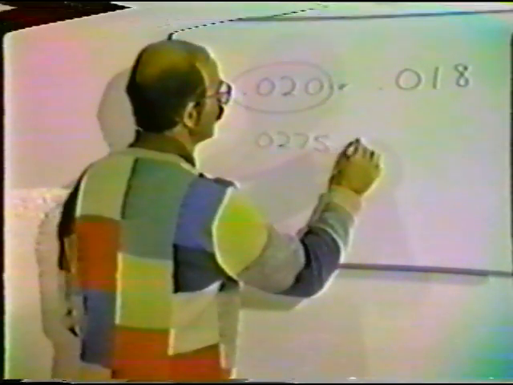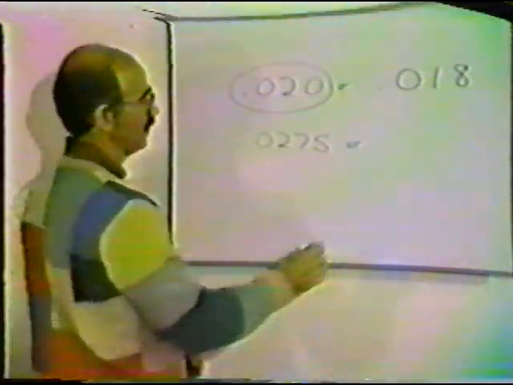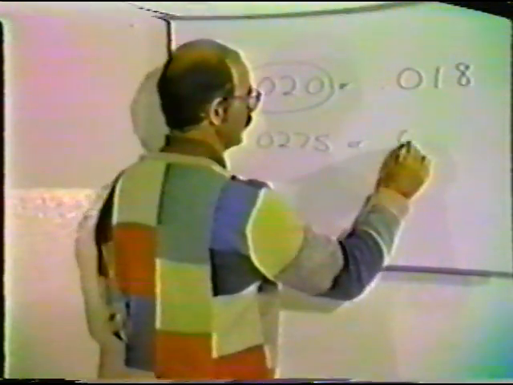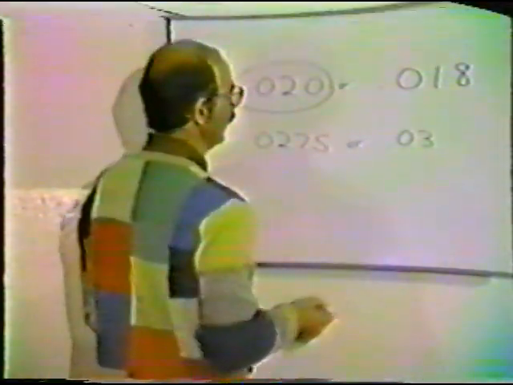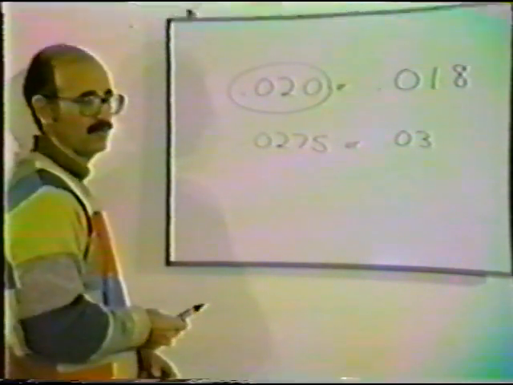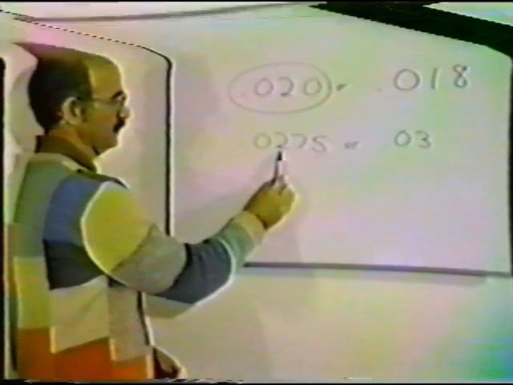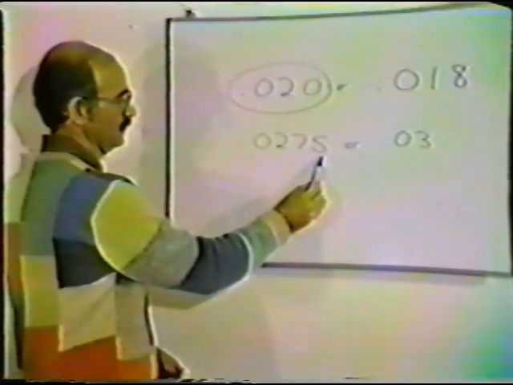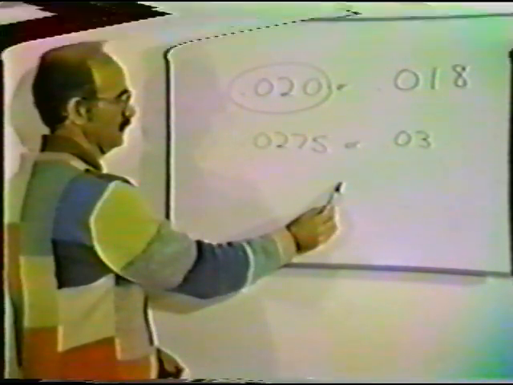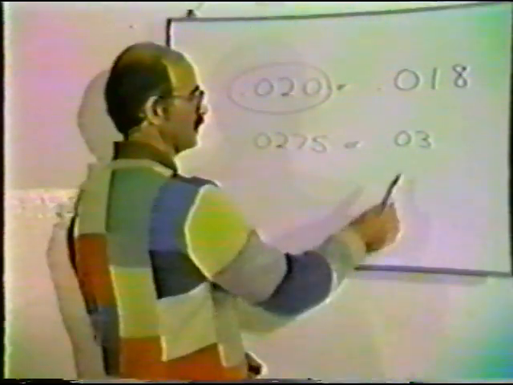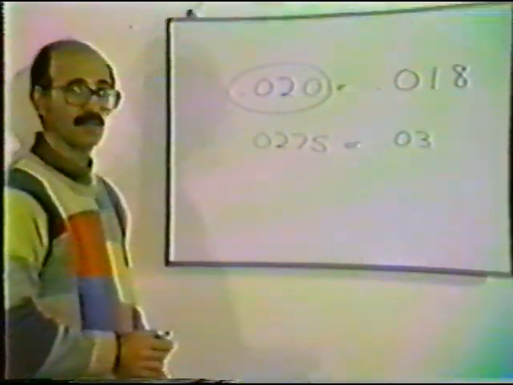0.0275 or 0.03. Let's read these two numbers first. What's this number? 275 10,000s. And what's this number? 300s.